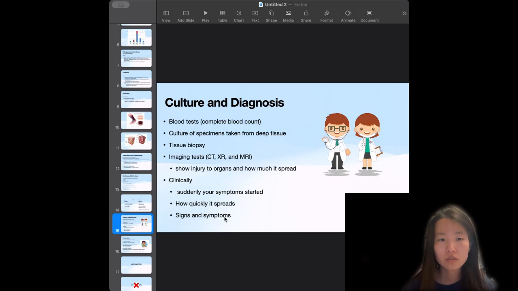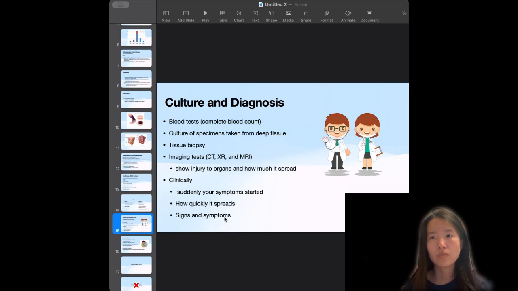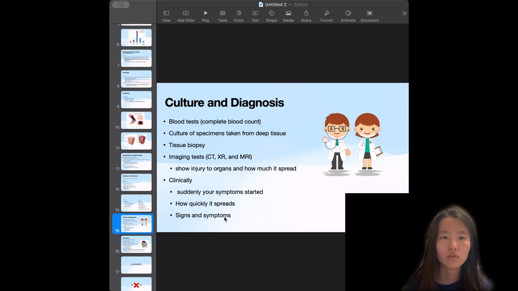Physical exams would also be done, examining the signs and symptoms I mentioned, as well as possible crepitus on palpation if there's gas formation in the tissue. Further tests are culture specimens taken from the deep tissue and tissue biopsy, which would show if there's bacteria in the tissue.